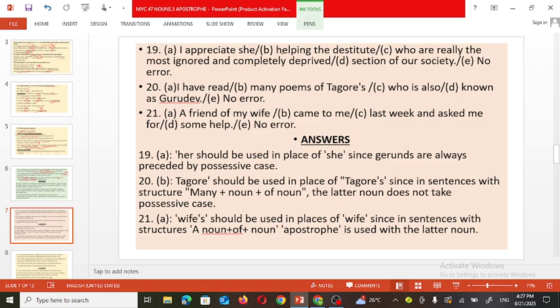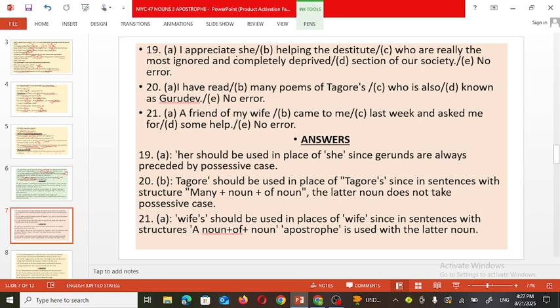"I appreciate she helping the destitute, who are really the most ignored and completely deprived section of our society." See here, "I appreciate she helping." Whom are we appreciating?